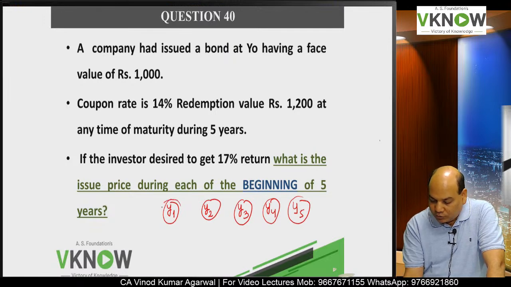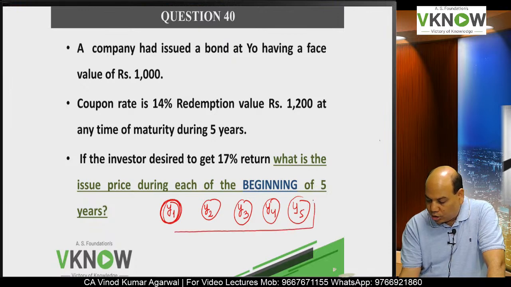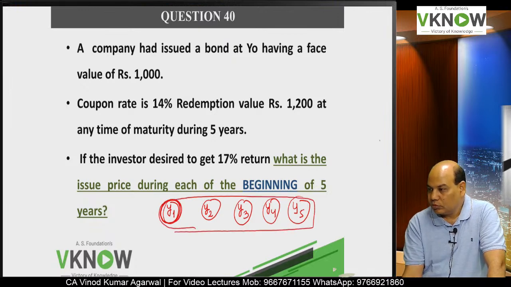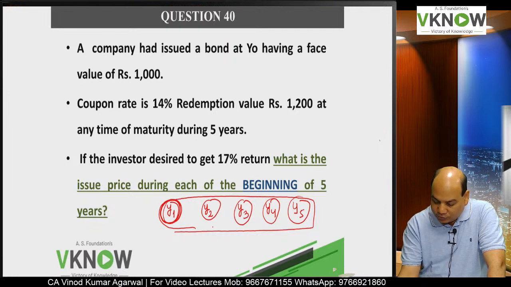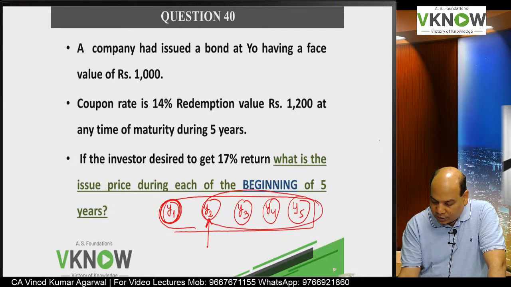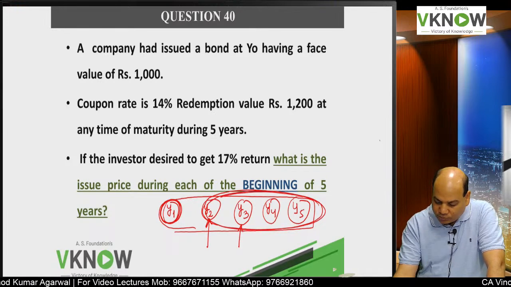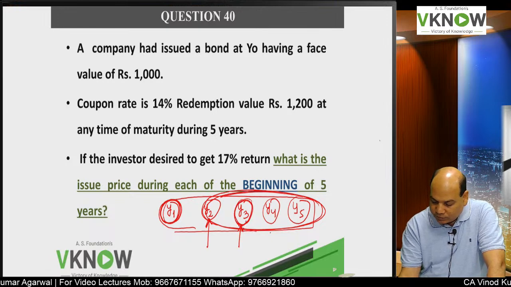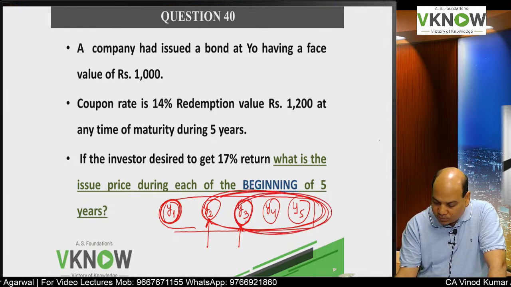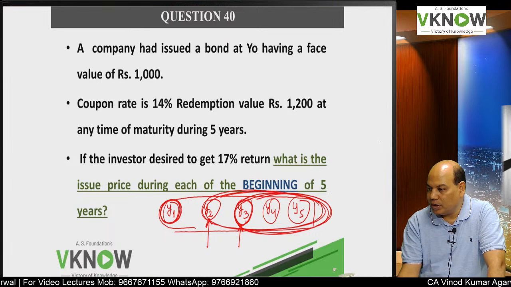If you are valuing the bond at the beginning of year 1, you will take all cash flows. At the beginning of year 2, only 4 years of cash flow. At the beginning of year 3, the remaining 3 years.